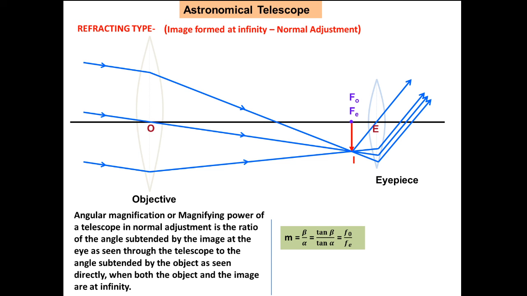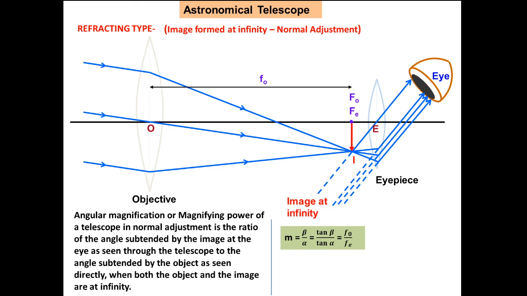Let the angle subtended by the object when the object is at infinity be alpha, and the angle subtended by the image be beta. Then, in the triangle here, what will be the magnification? Beta by alpha.